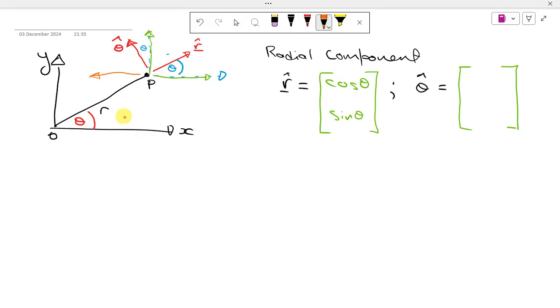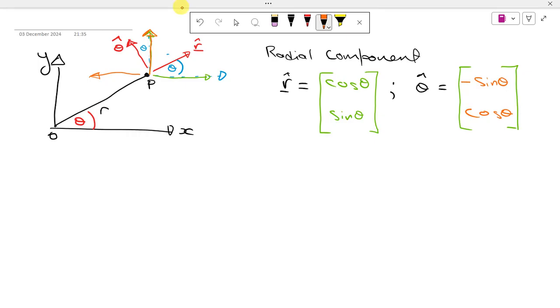So theta hat has, along the horizontal component, a unit coordinate of minus sine theta. And along the vertical, and I'm now writing that in orange, we've got cos theta.